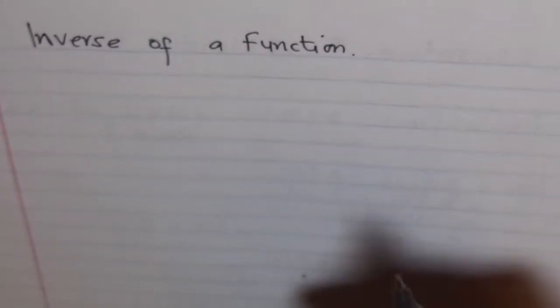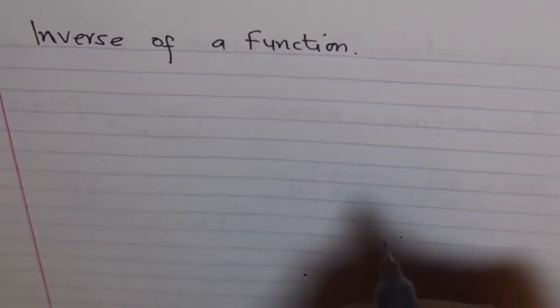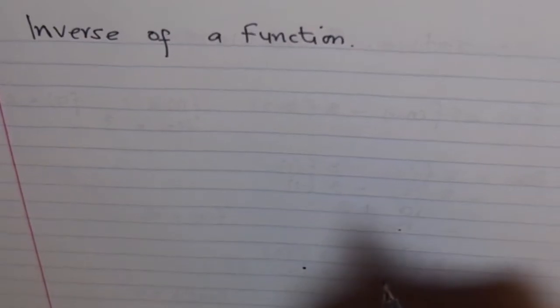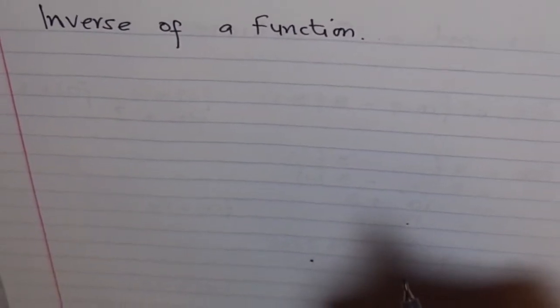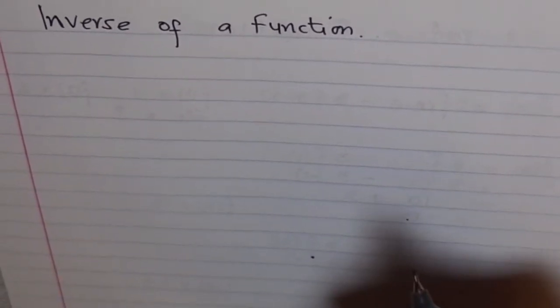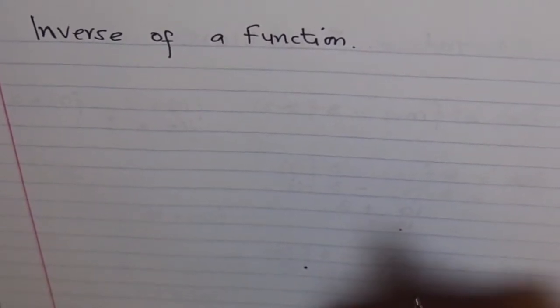Let's take up some examples to find inverse of a function. As you know, we can find inverse of a function by reversing a rule. We can find it by interchanging coordinates in a coordinate set or table of values.